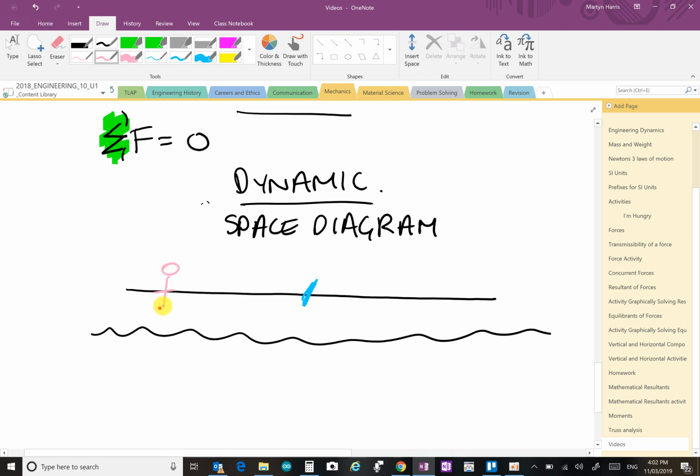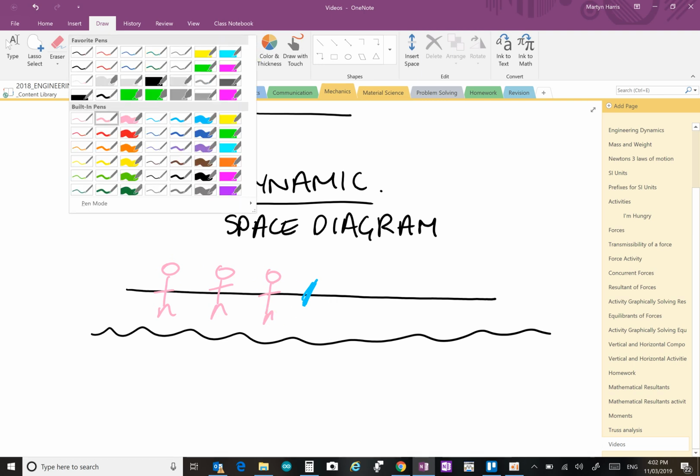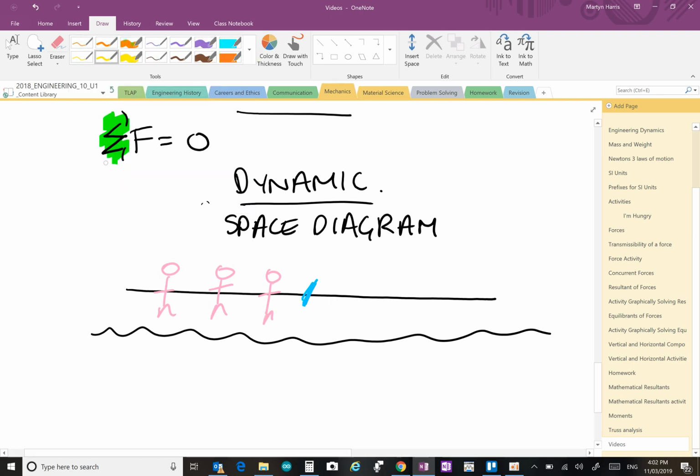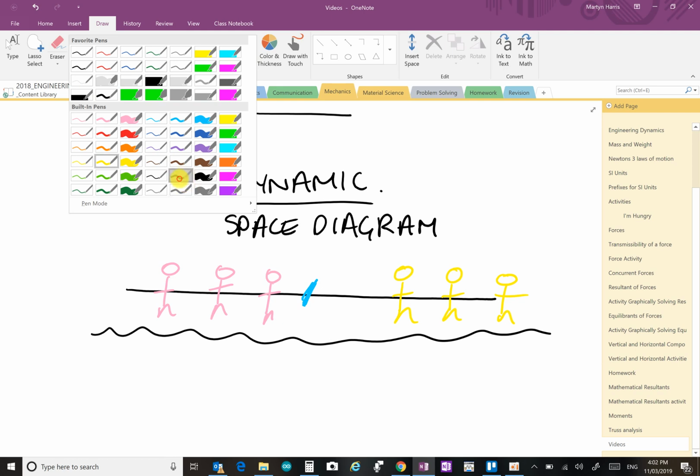Okay, so we've got our pink team, this wonderful pink team, and a yellow team. So a yellow and a pink team, and they're on the tug of war, and they're fighting each other. Well, not fighting literally, but metaphorically speaking, of course.